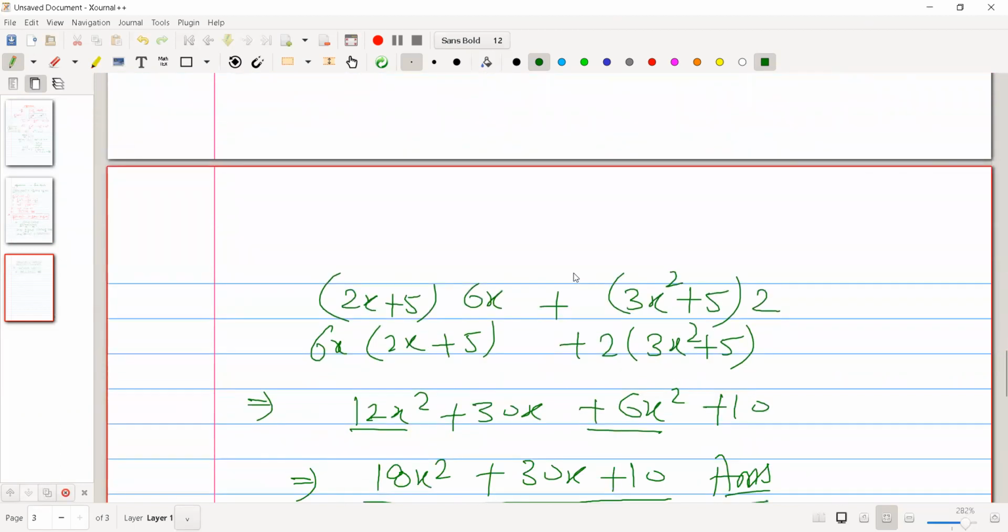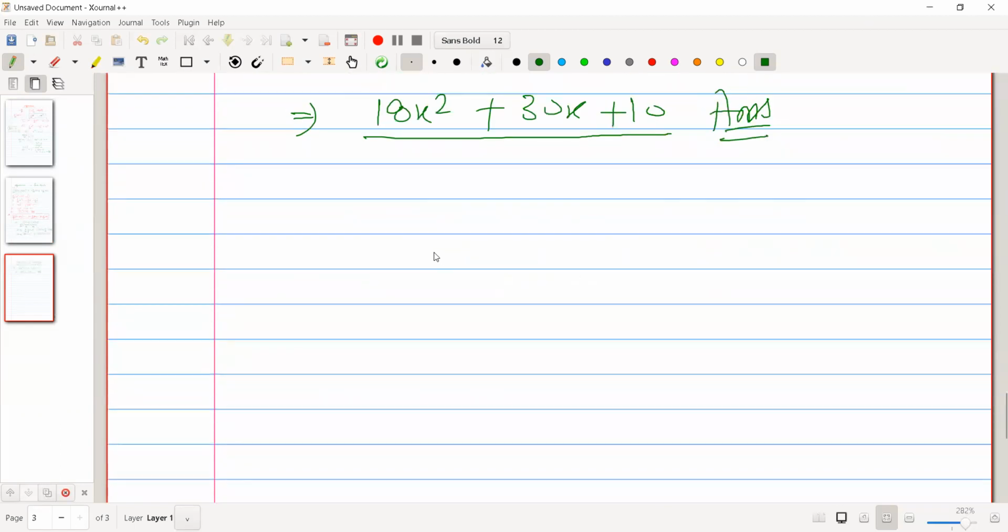Hope you understood. For more understanding, we take one more example, example number 2. Like f(x) is equal to x square minus 5x plus 11 into x cube minus 5x square.